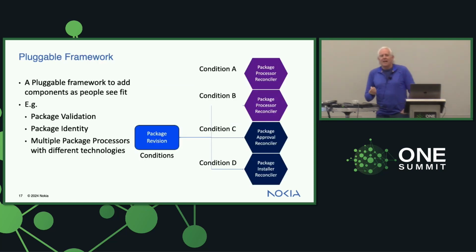So in other words, in the package processor I use Kform, but for example, if you as a user want to say, I want to use KPT, or I want to use Ansible, and I want to use Terraform and other combinations, you just build your own pipeline of things, and each package processor can be its own technology, and you can make it pluggable.